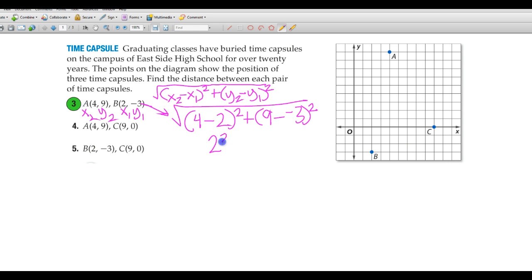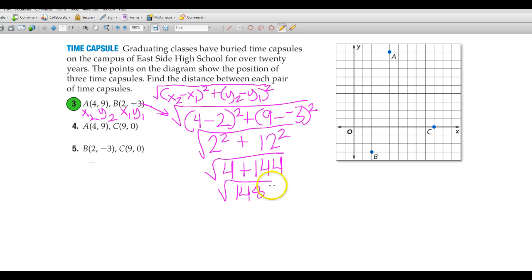So we get 2 squared here. That would become +3, so that is 12 squared. So we get 4 plus 144. So my answer is the square root of 148, or approximately 12.2.